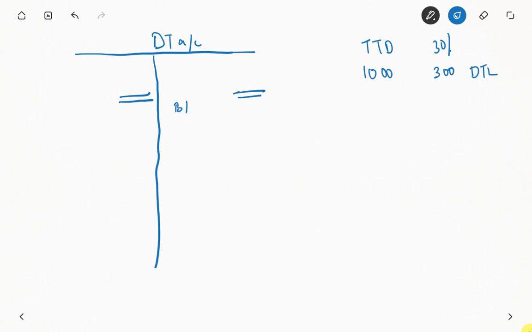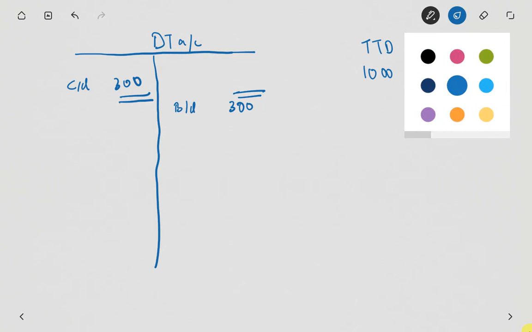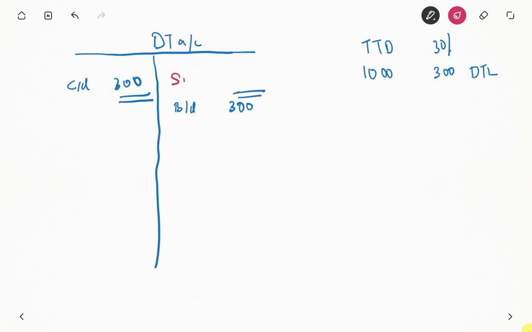Liability is on the credit side, I recognize a liability of 300. Income or expense? Liability increases, so expense 300. Is it okay? Okay.